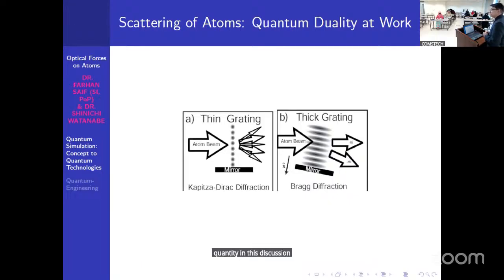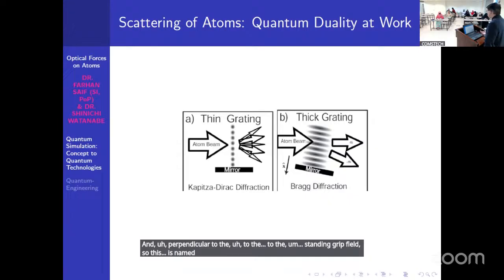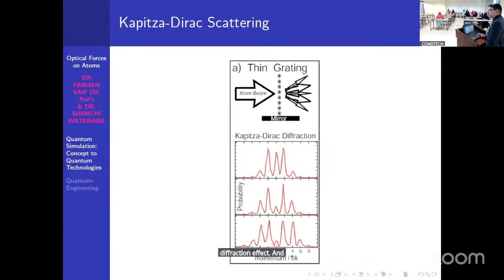If the incident atoms are coming perpendicular to the standing wave field, this is named Kapitsa-Dirac diffraction. We shall see a symmetric diffraction effect, and the symmetry is seen in the probability distribution plots below at various interaction times of the atom and the field.